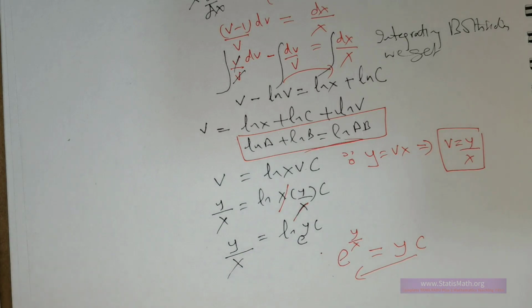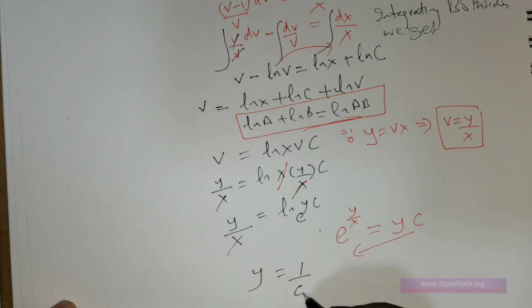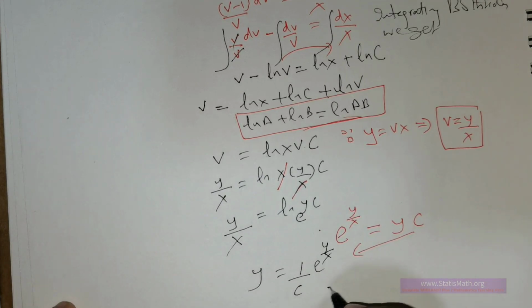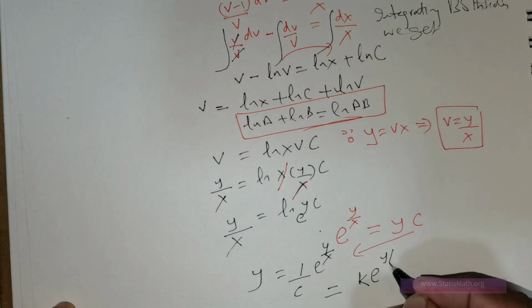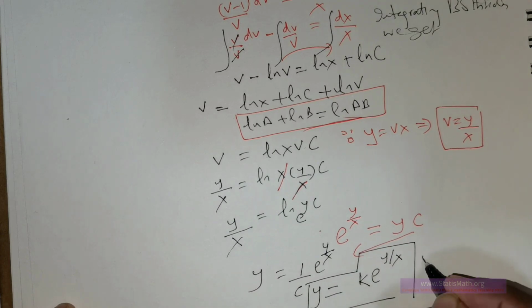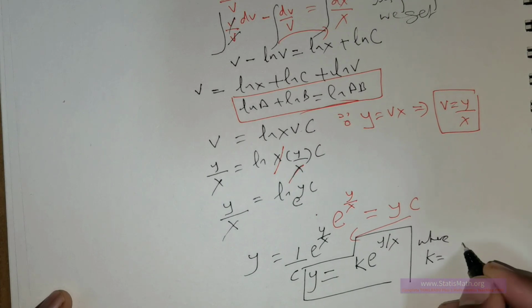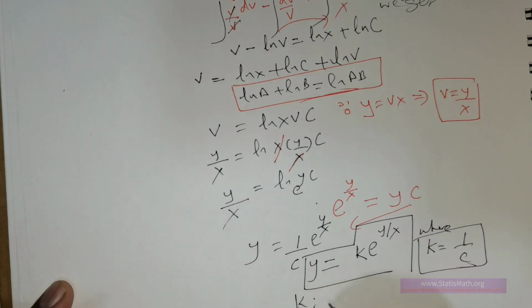If I move the c down, this is going to be y equal to 1 over c times e raised to the power y over x. I can rewrite this as some k times e raised to the power y over x, which is equal to y, where you can say k is equal to 1 over c. You don't need to say that, you can simply say k is a constant.